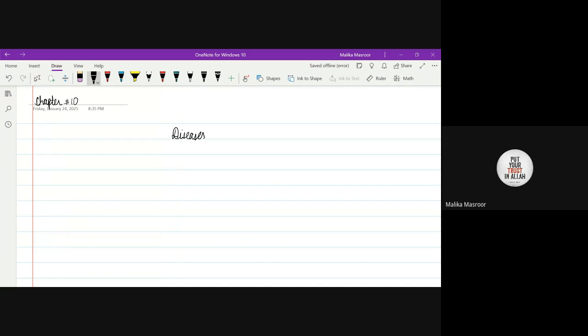Diseases and immunity. The first topic is transmission of pathogens. One by one, tell me what is a pathogen. How would you define a pathogen? Anyone can start.